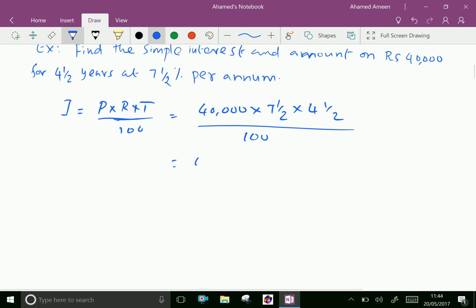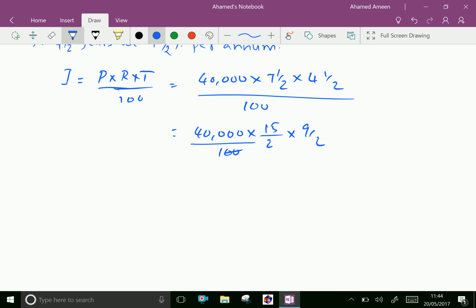Then 40,000 into 7.5, which is 15 over 2, into 4.5, which is 9 over 2, over 100. Then cut the two zeros.